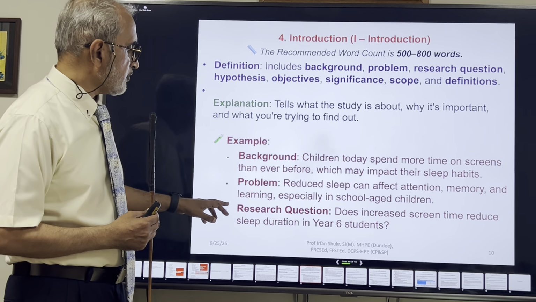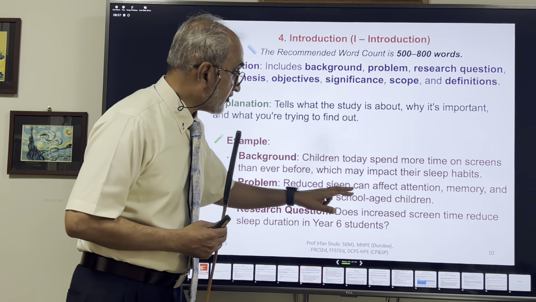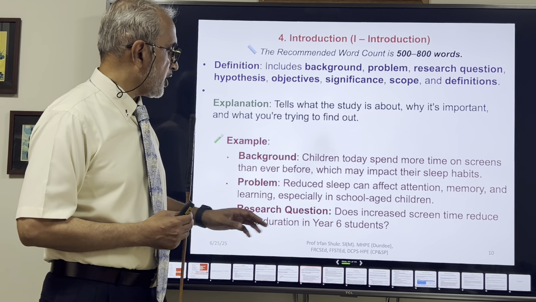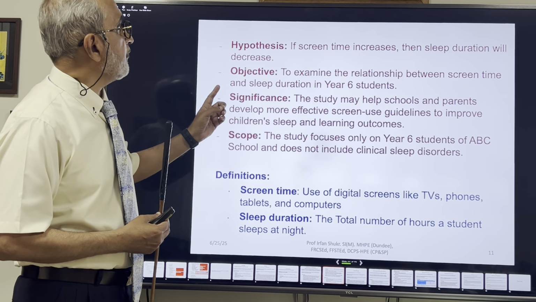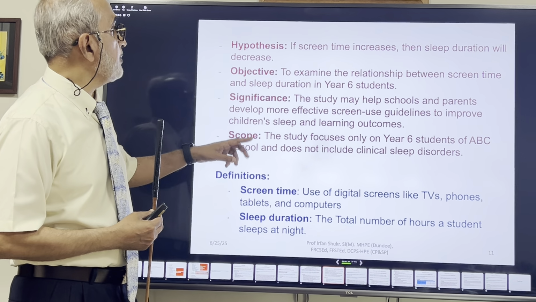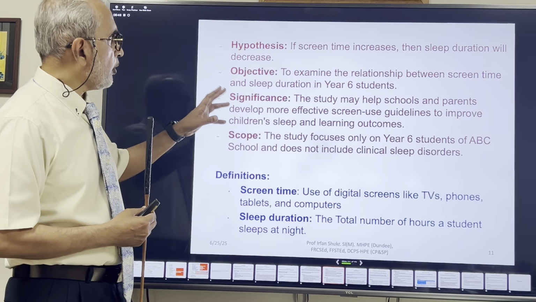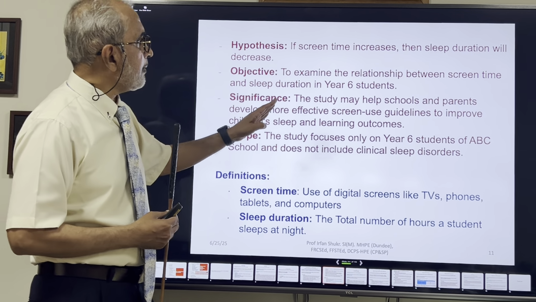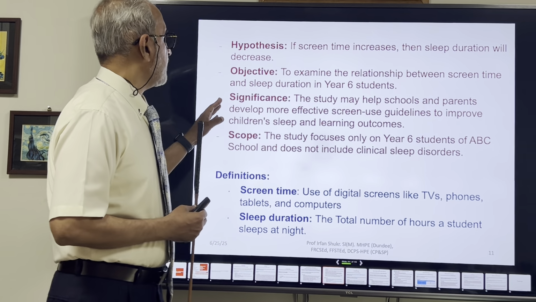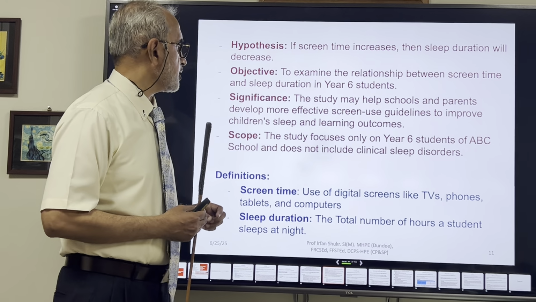The research question which I formulated was, does increased screen time reduce sleep duration in year 6 students? The hypothesis is, if screen time increases, then sleep duration will decrease. Hypothesis is usually an if-then statement. Objective is to examine the relationship between screen time and sleep duration in year 6 students.